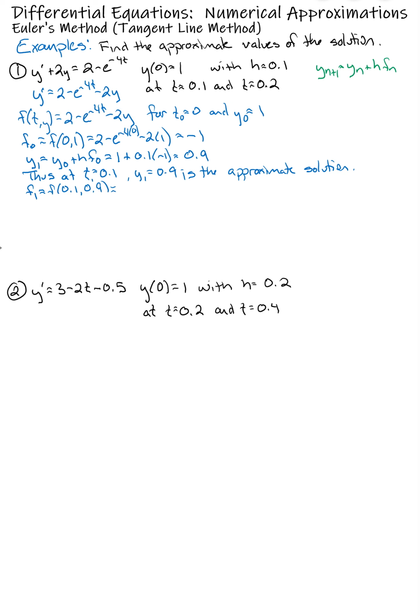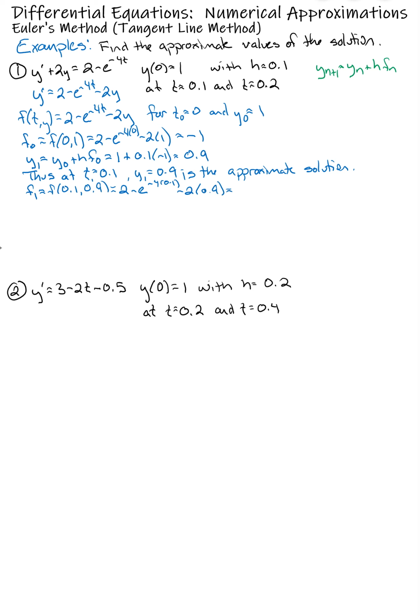We get 2 minus e raised to the negative 4 times 1/10 minus 2 times 9/10. Now take a moment, do this computation.